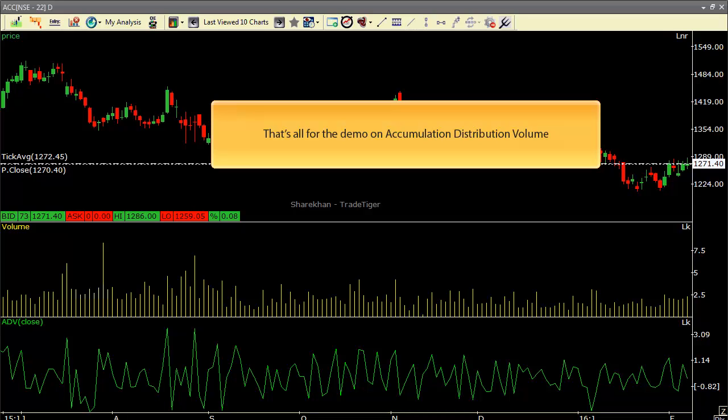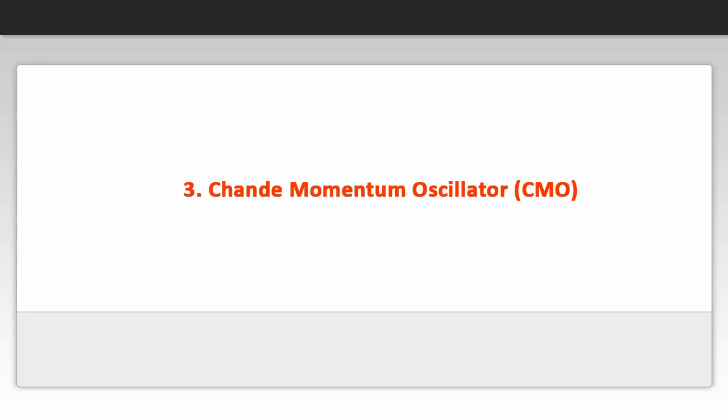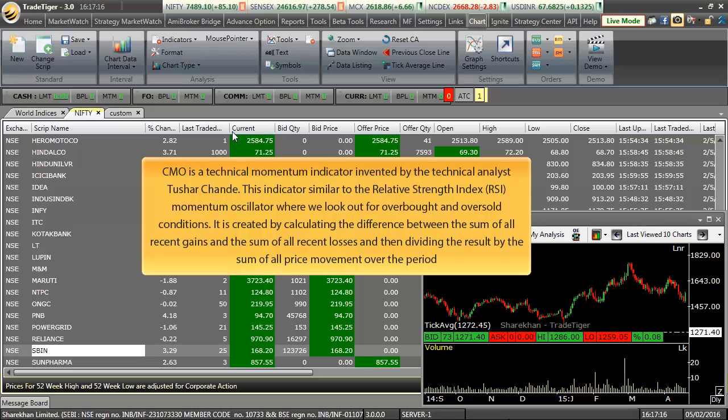Let us quickly jump on to the third indicator, which is CMO, Chande Momentum Oscillator. CMO is a technical momentum indicator invented by the technical analyst Tushar Chande. This indicator is similar to the RSI, where we look out for overbought and oversold conditions.